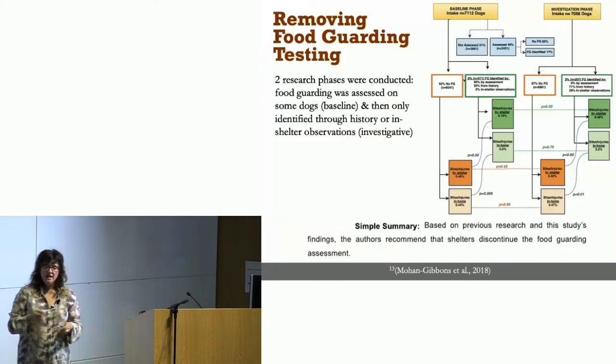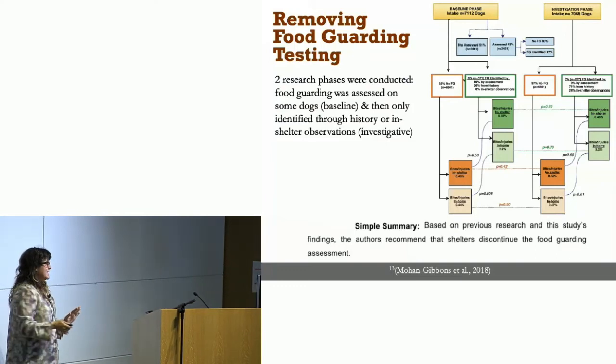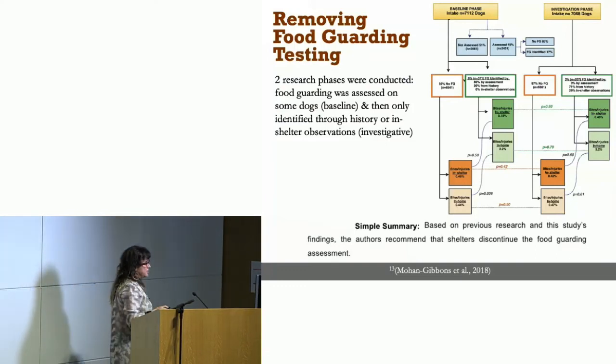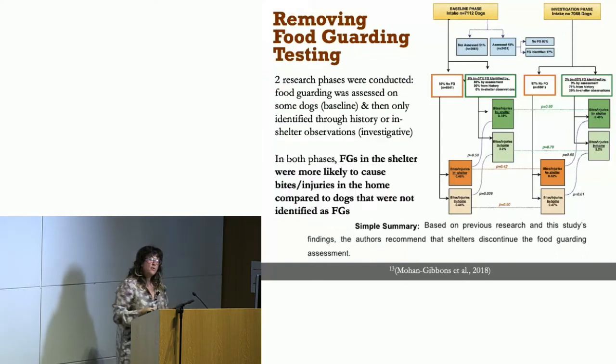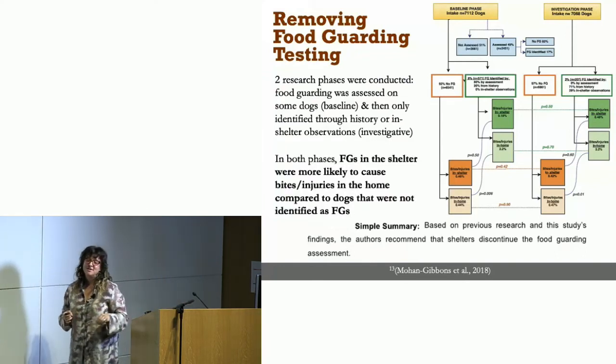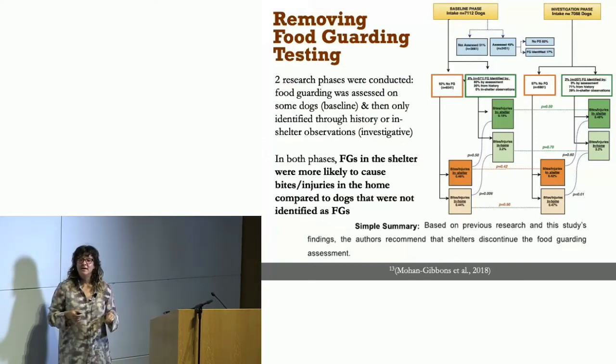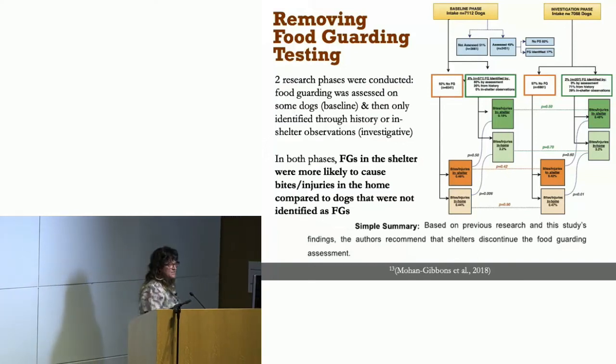Okay, cool. But here's the thing I want to focus in on, and this is, again, based on the conversation we just had about Amy Marder's work: in both phases, food guarders in the shelter are more likely to cause bites and injuries in the home compared to dogs that weren't identified as food guarders.